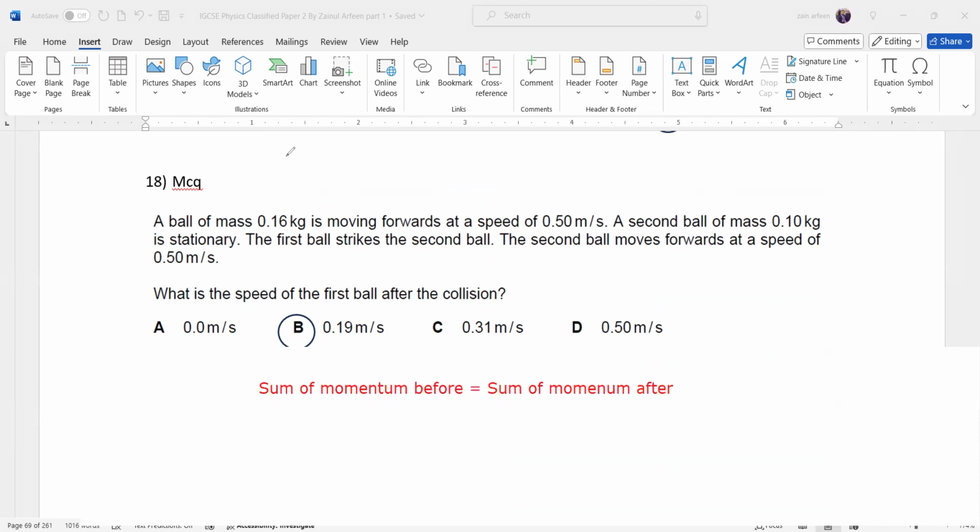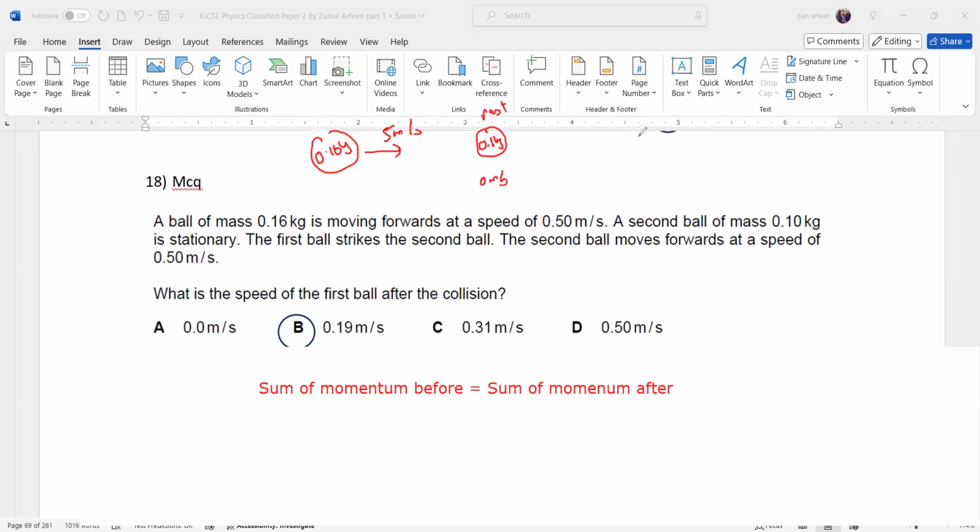So a ball of mass 0.16 kg is moving forward at a speed of 5 meters per second. A second ball of mass 0.10 kg, a smaller mass, is stationary. Stationary means at rest, not moving, so the speed is 0.